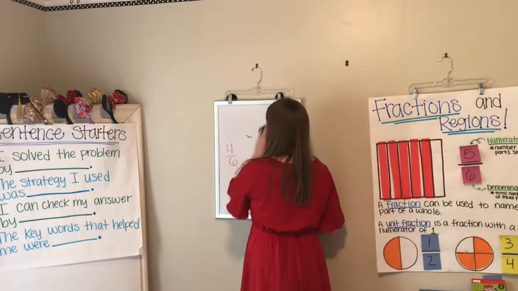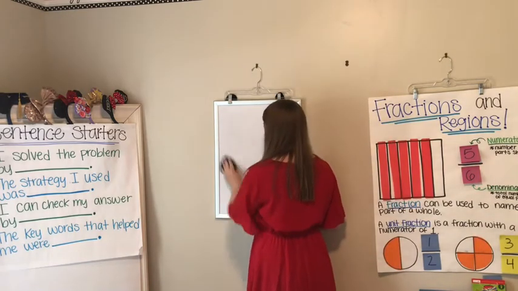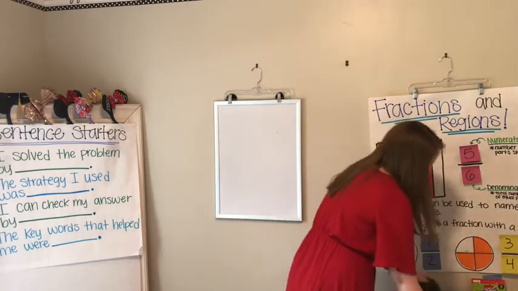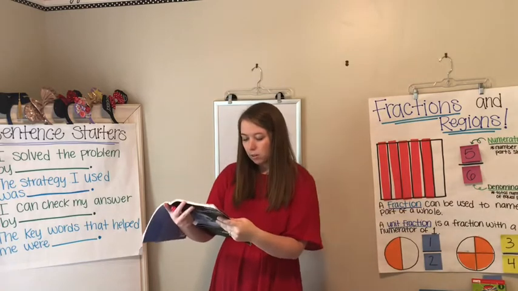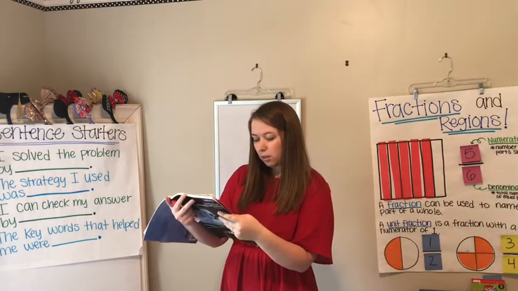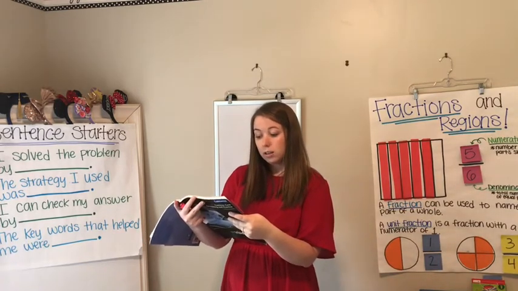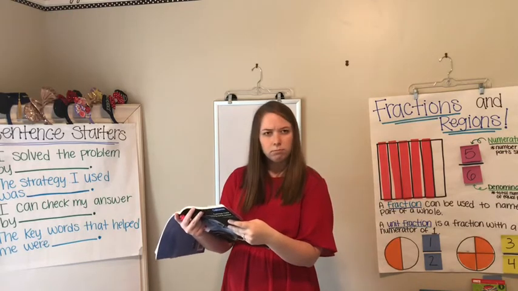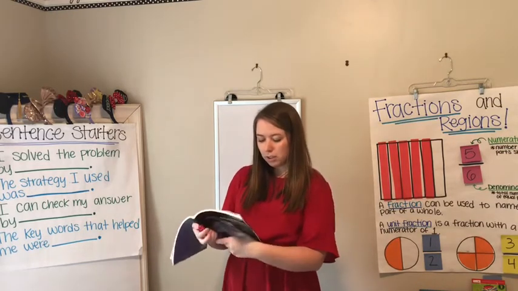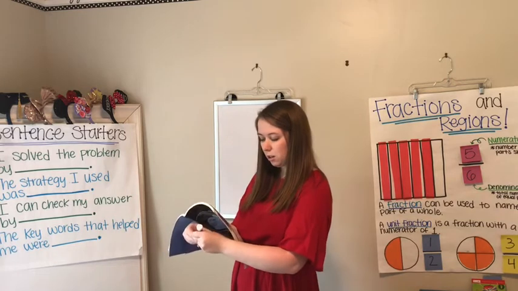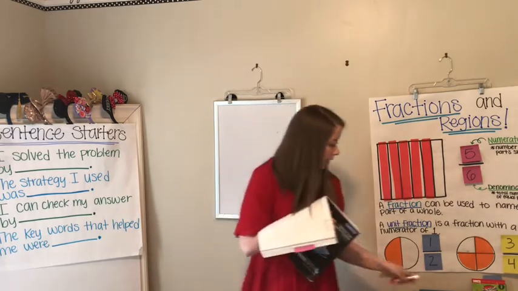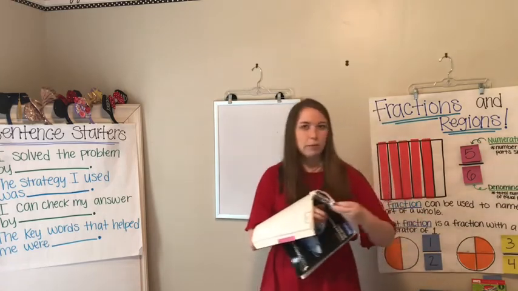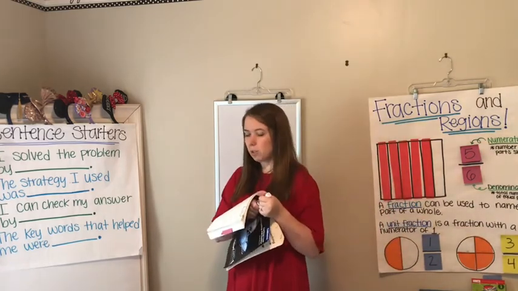So number 7 is kind of a part of a 2-step problem. And the main problem says that 3 parts of a rectangle are red and 2 parts are blue. Okay, and so number 7 is asking us what fraction of the rectangle is red. So first I'm going to draw my rectangle out because I know that's what we're talking about.